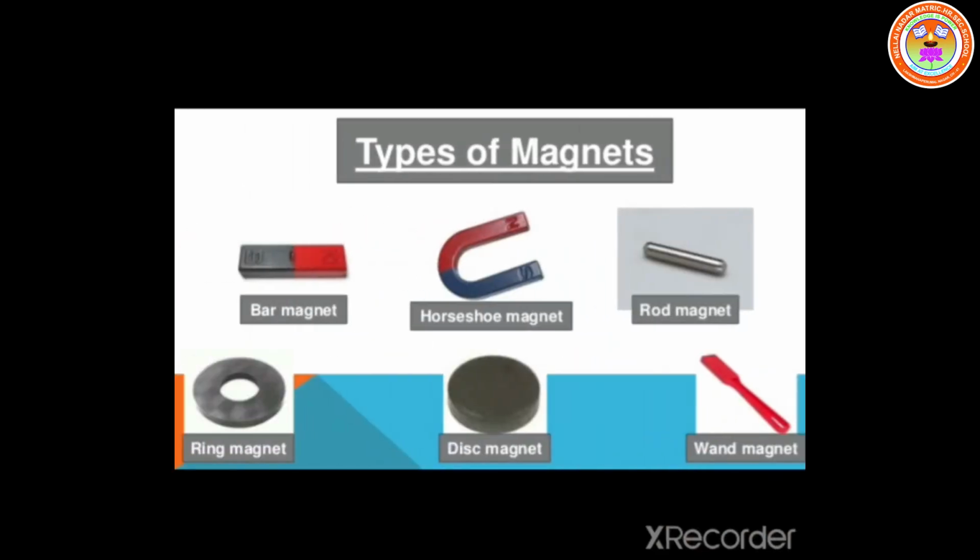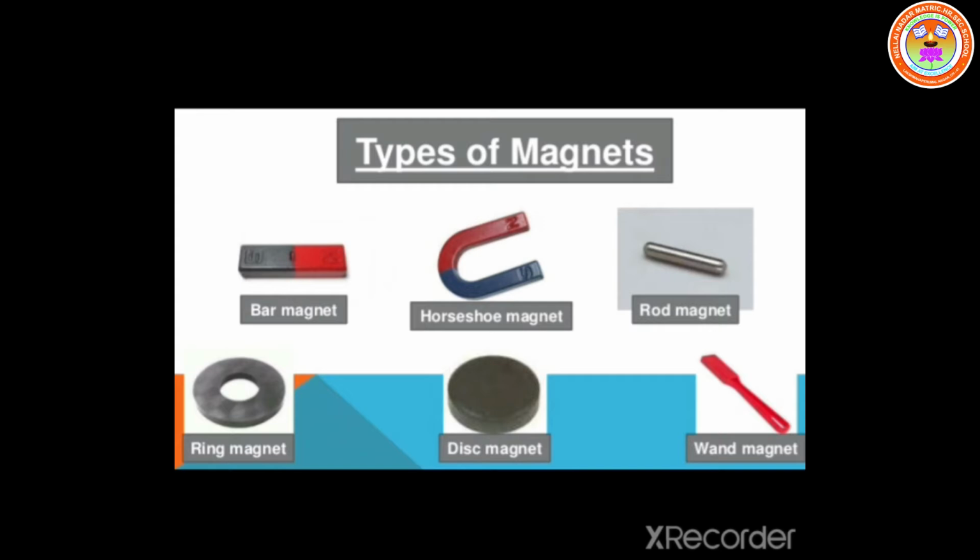Artificial magnets. Artificial magnets are nothing but man-made magnets. The magnets available in the shops are basically artificial magnets.